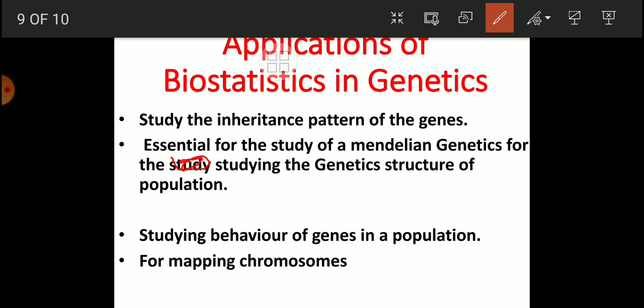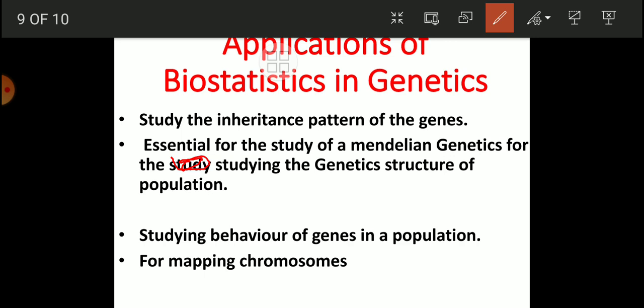He collected huge data, and that huge data was analyzed. After analyzing that data, he came to the results, inferences and conclusions, isn't it? So most of the biostatistical tools and techniques are used there.